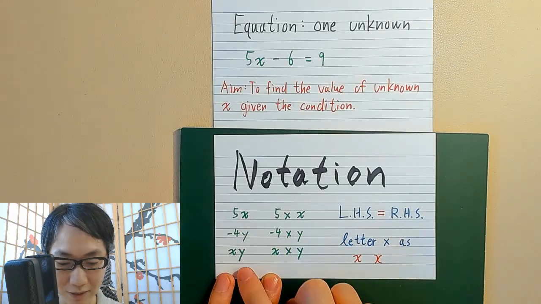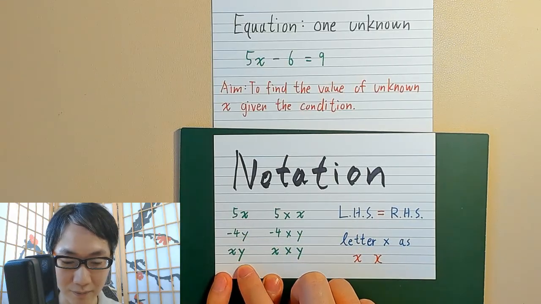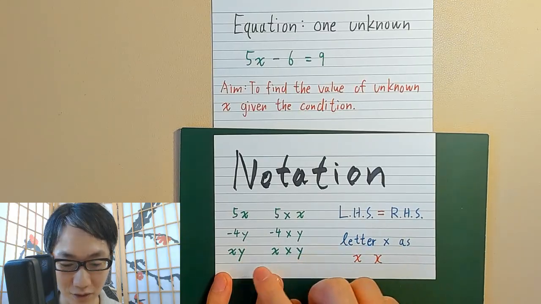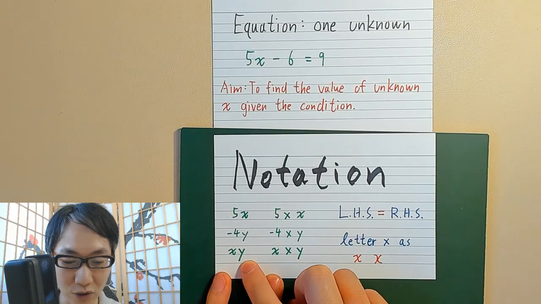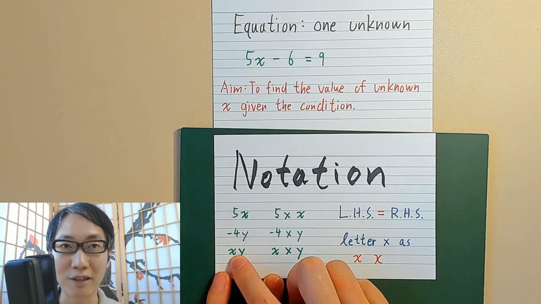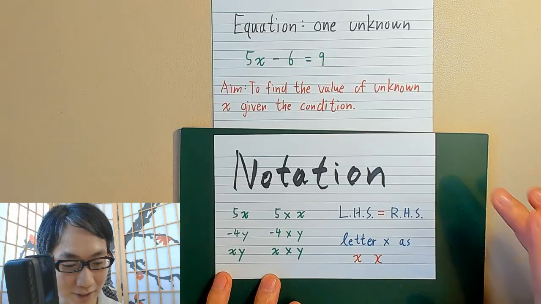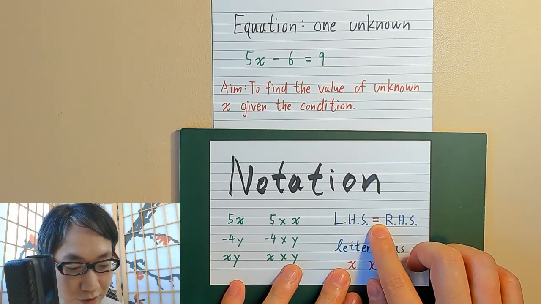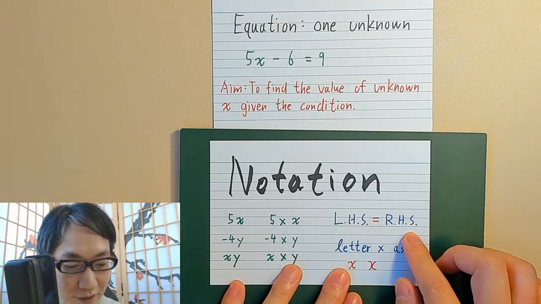These two unknowns x, y, when written like this together, mean x times y. So this is two unknowns. We won't see two unknowns in the same equation today, but it will come later. And the equal sign means the left hand side equals the right hand side.